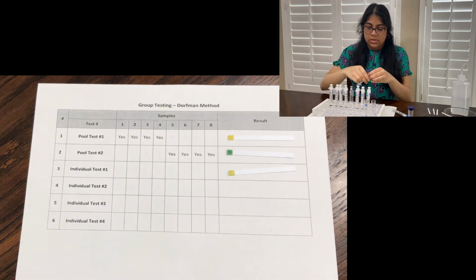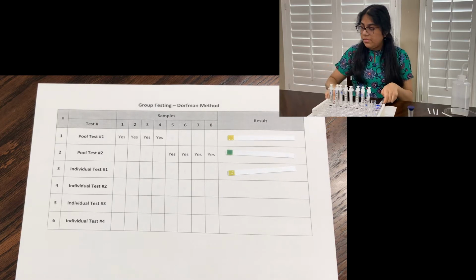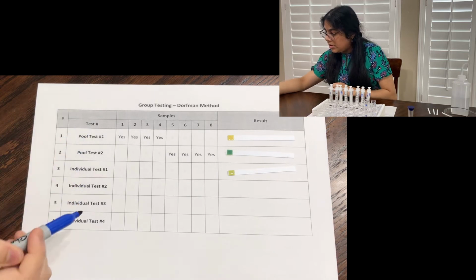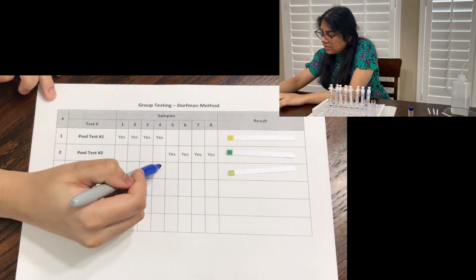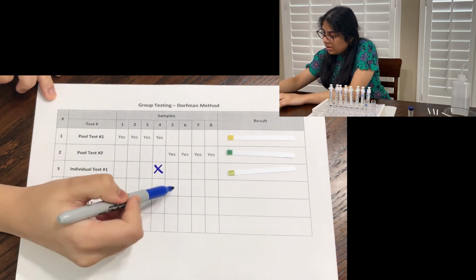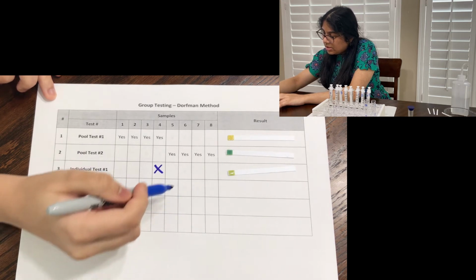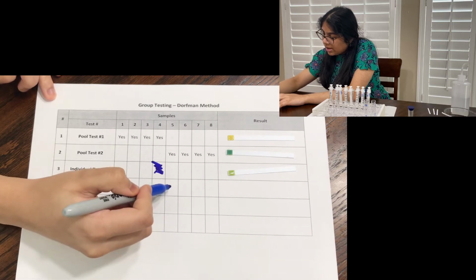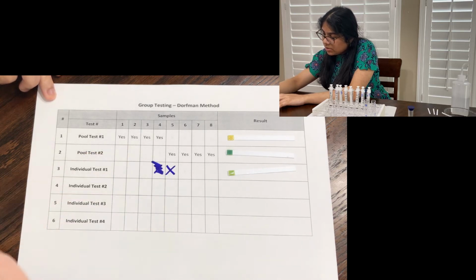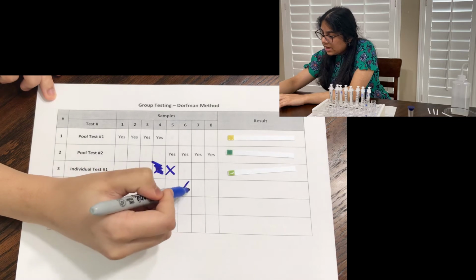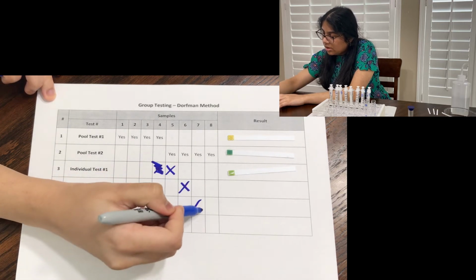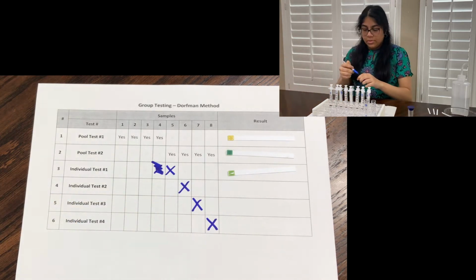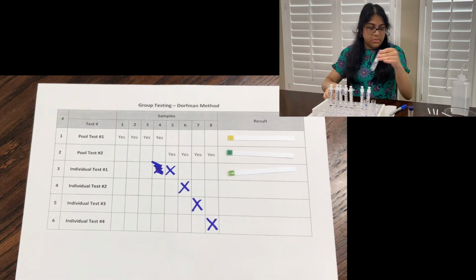Just to show this visually, what I'm doing here is the first individual test is going to line up with test tube 5, second individual test with test tube 6, third individual test with test tube 7, and then 8. So now I'm just going to repeat this for the rest.